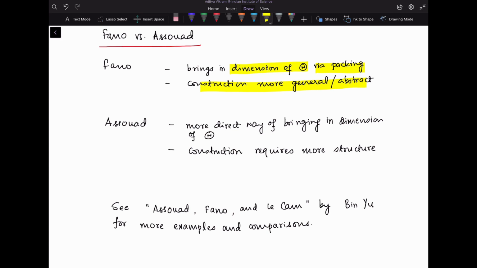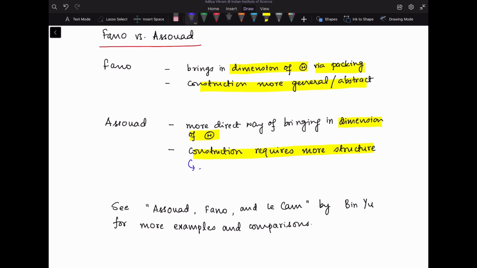Even if you have a construction which satisfies Assouad's property, you can still apply Fano's argument there and get a lower bound. Assouad's method gives a more direct way of bringing in the dimension of the parameter space, even though the construction requires more structure, so it's more special.